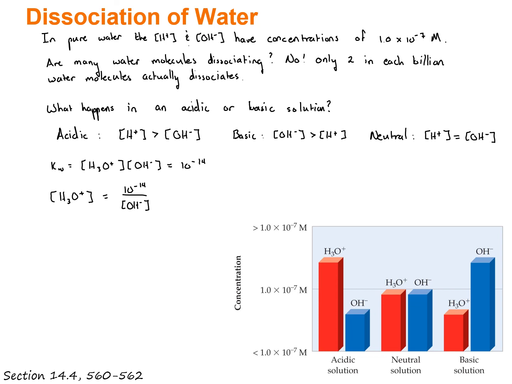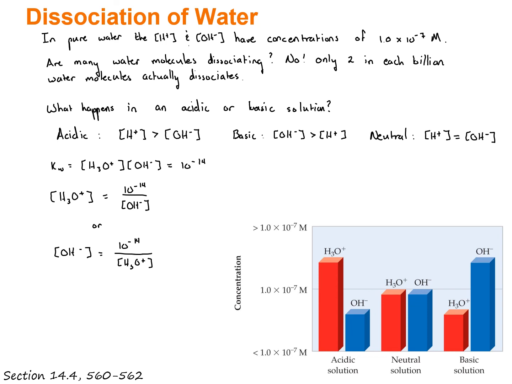And we can figure out what that number is by using just this formula to relate the two concentrations to one another. If we're looking for the hydronium concentration, we know the hydroxide concentration, I can plug it into 10 to the minus 14 over the hydroxide concentration, and I can figure out what that hydronium concentration is. Or if I want the hydroxide concentration and I know the hydronium concentration, I can plug it into that formula and figure out what that concentration is.